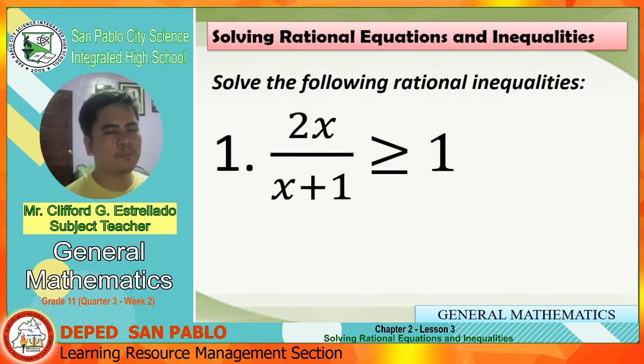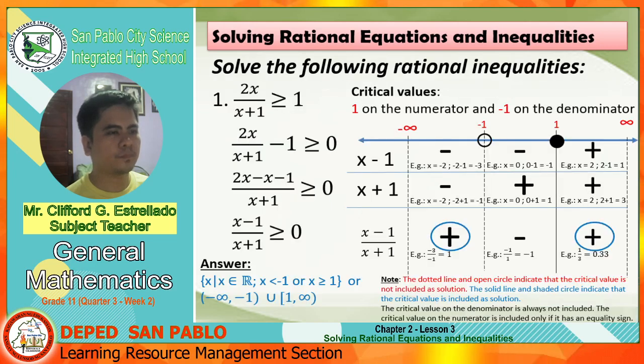Let us have this example. 2x over x plus 1 is greater than or equal to 1. Okay. So your first goal is to make the left side of the inequality a single fraction and the right side 0. Since we cannot multiply both sides by x plus 1, we need to subtract 1 from both sides of the inequality.